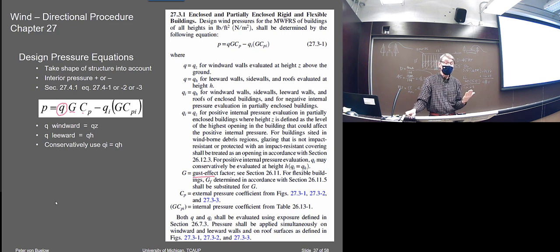When you do a wind tunnel test, what they give you back is usually a CP. They put little pitot tubes all over the building and they measure the pressure, and at least in my experience, they didn't give us actual pressure. They just said you adjust it however you want.